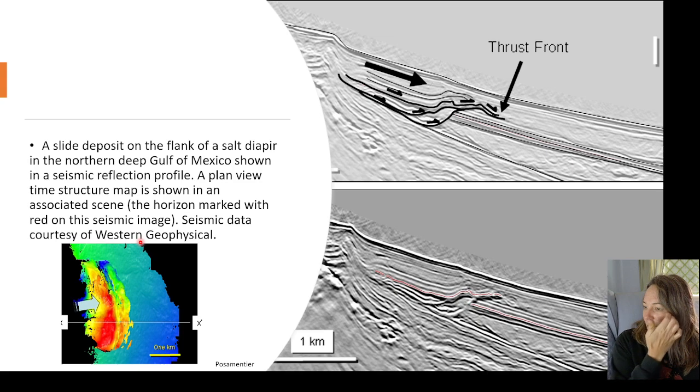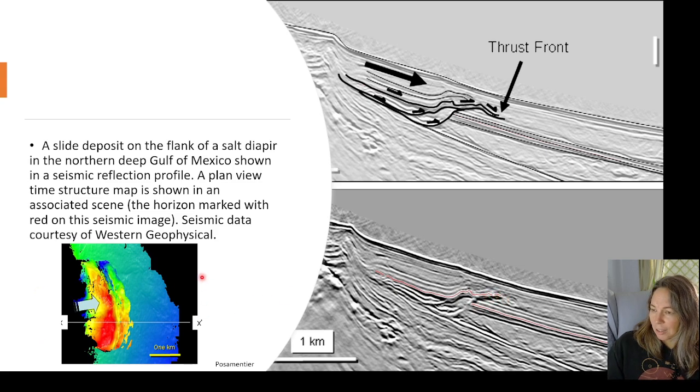Here's another case from Posamentier. He's done a lot of work with seismic geomorphology, so a great reference to look at his data. And so here we've got a slide deposit on the flank of a salt diapir. So the salt's right outside of the seismic. You can kind of see the edge of it. And you can see what happened during this slump and slide, some of the thrusting features that occurred at the base of it.